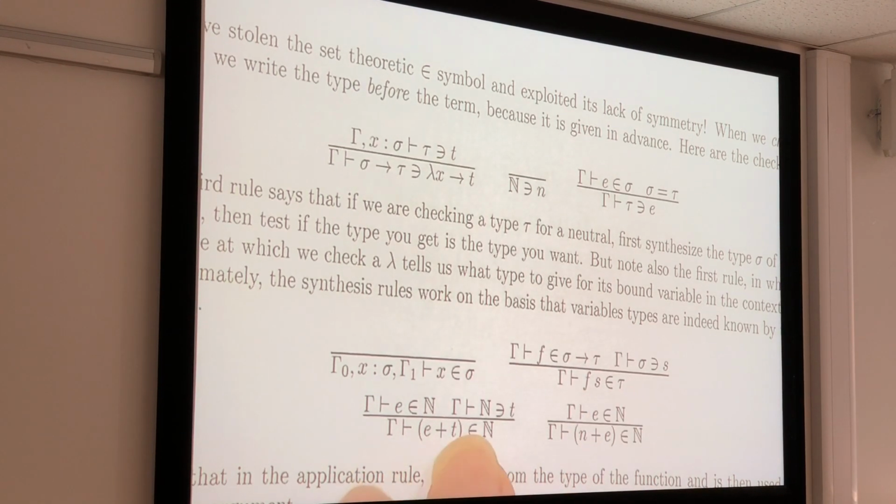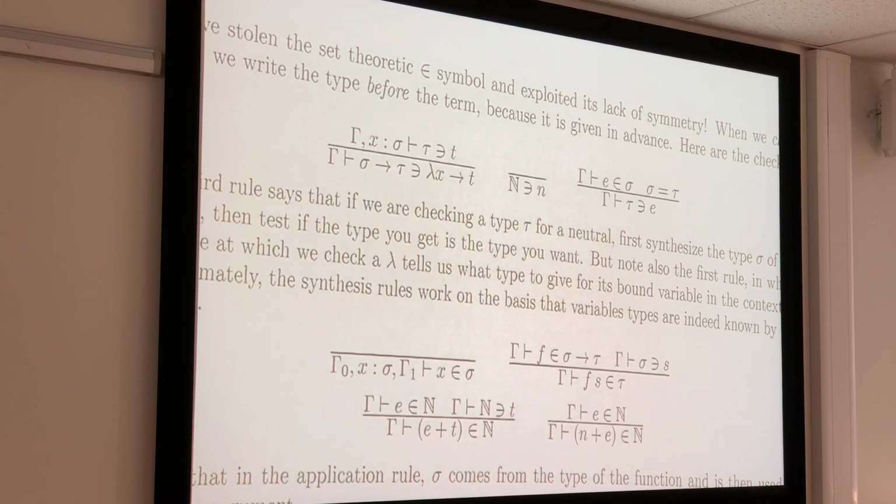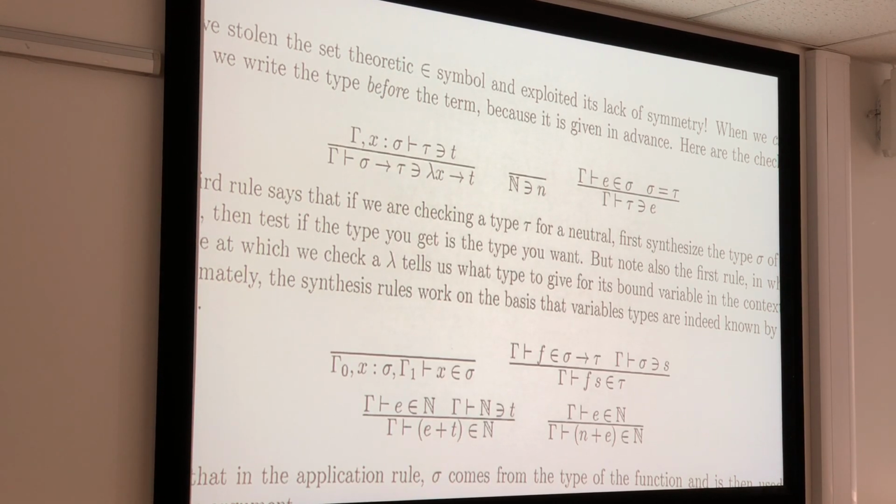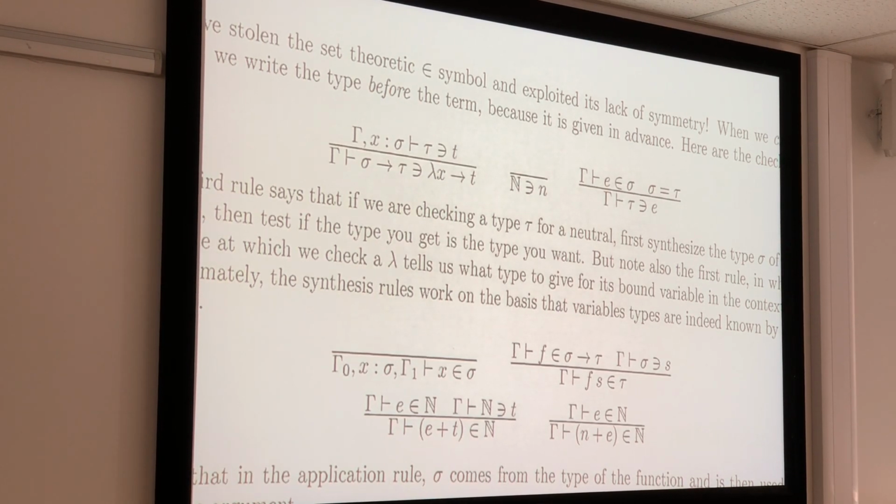It's less interesting for plus. So there's this weird thing that you don't need any kind of creative, just invent a type from nowhere if the thing that you're trying to check has already stopped computing. If it's already in normal form, figuring types out is no bother at all. All the trouble comes from figuring out types for things that might actually compute.